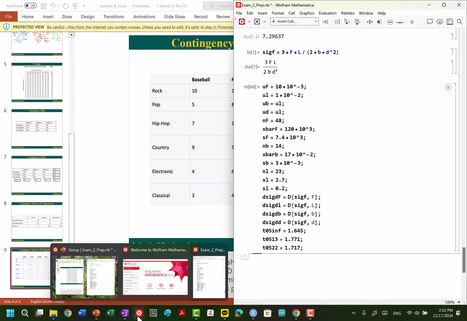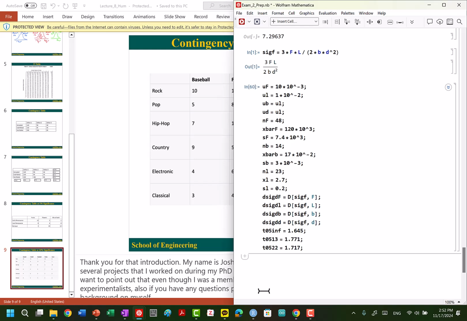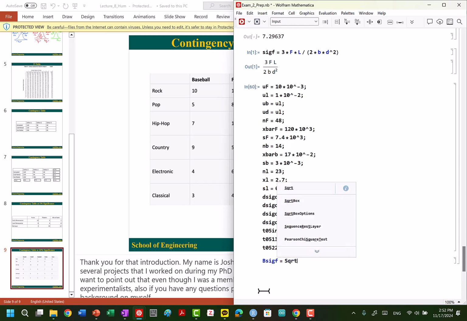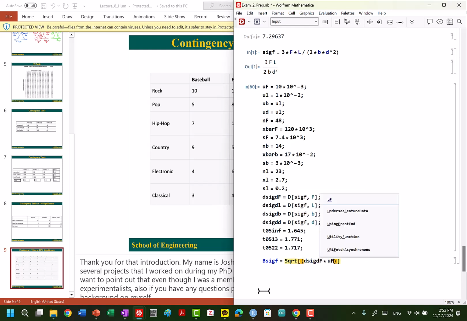So we can now go ahead and actually solve the rest of this problem. So my bias B sigma F is going to be equal to square root, and then I need to put, for example, my d sigma d F times uncertainty in F divided by sigma F, and we're going to do that squared, plus, we're going to copy and paste that for all the variables.